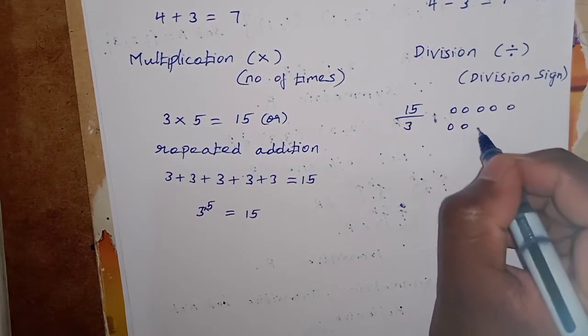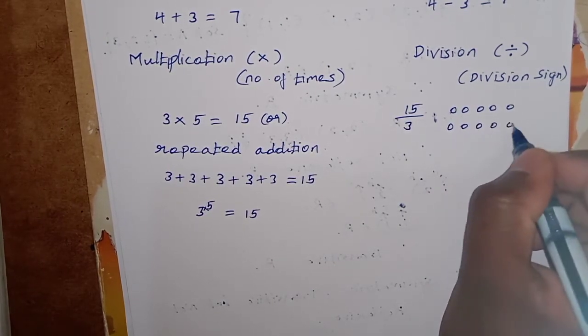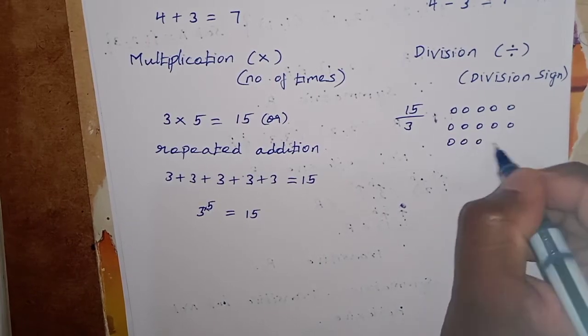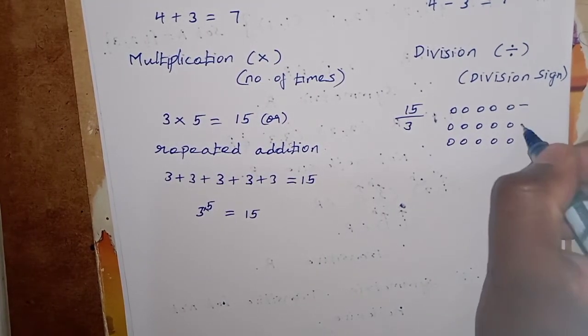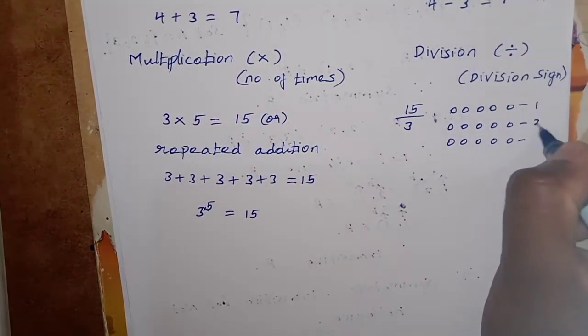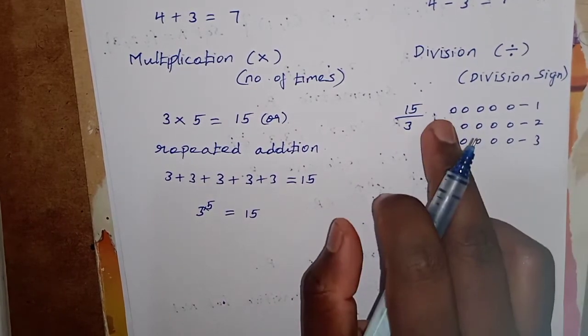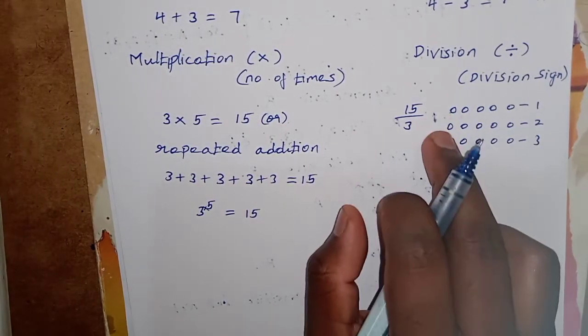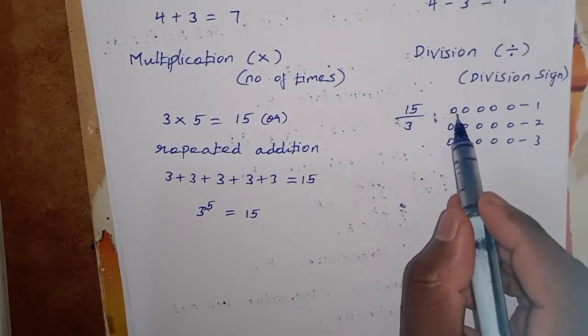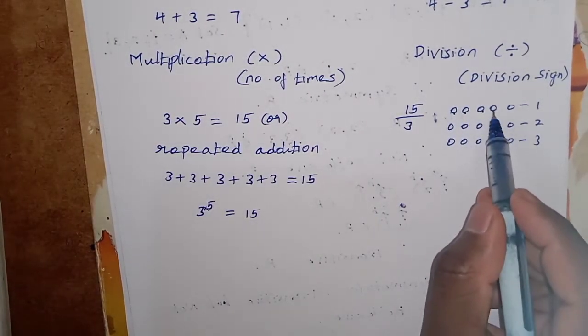You have to divide it equally. Therefore here 1 2 3. Equally means here 5, here 5, here 5. Count 1 2 3 4 5.